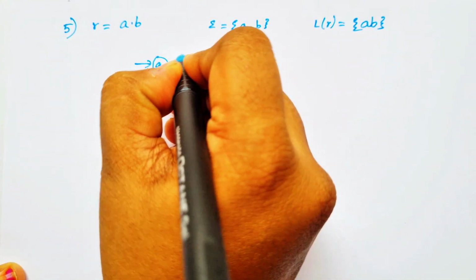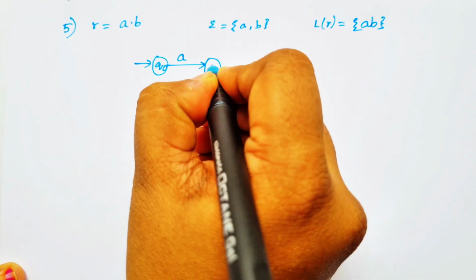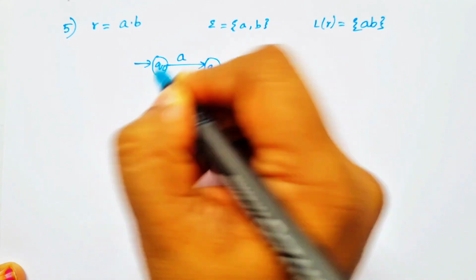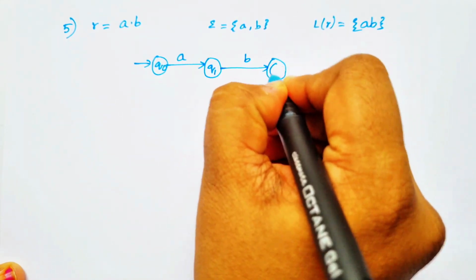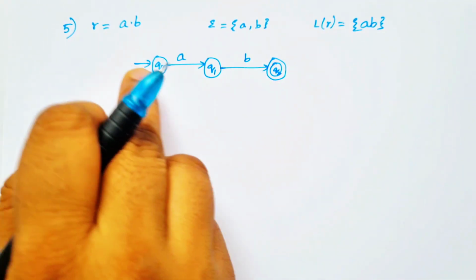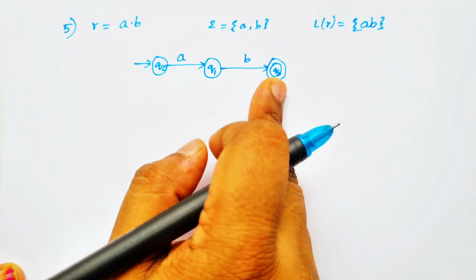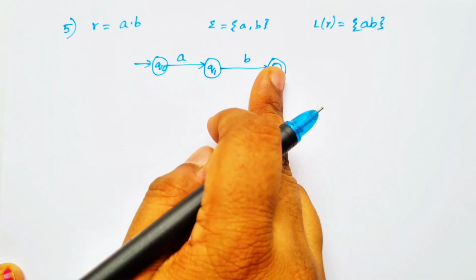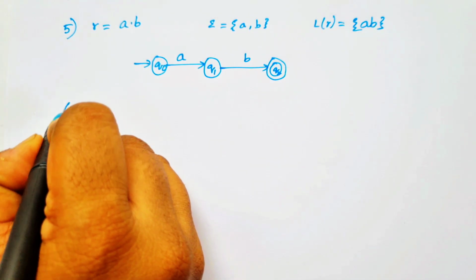It is reading first A by moving from Q0 to Q1, followed by B. See here. After reading A and then B, it is reaching the final state. This is how we will design NFA for R equal to AB.